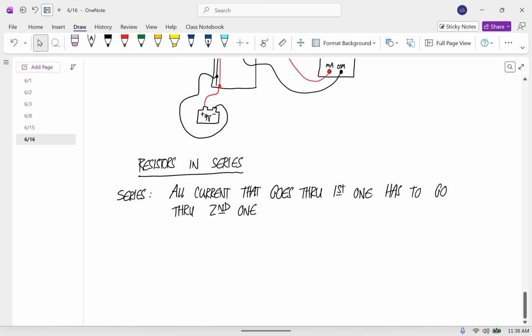And examples are like those two resistors are in series.